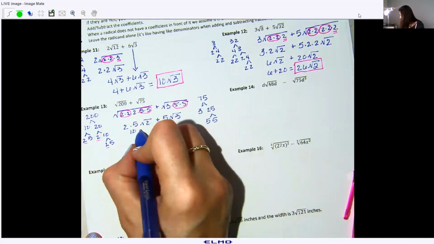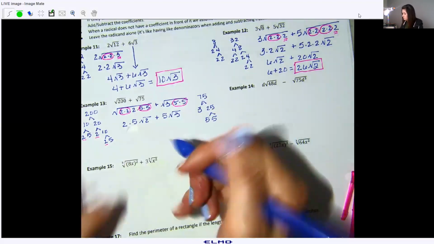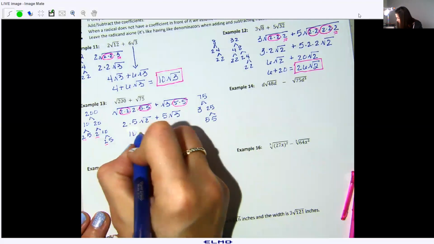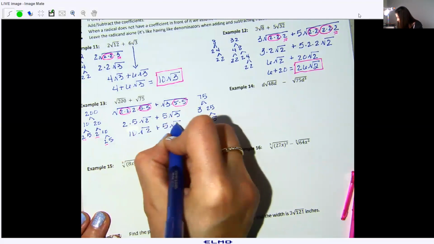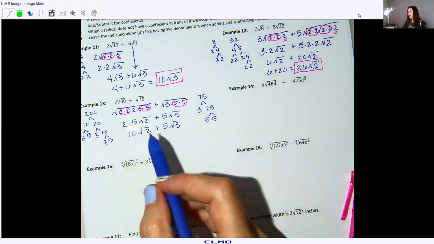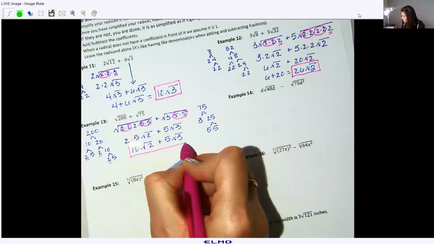So, well, let me write this out. 10 square root of 2 plus 5 square root of 3. Oh, they do not have the same radicand, so that's as far as we can go. We basically just factored them out. And this would be your final answer.